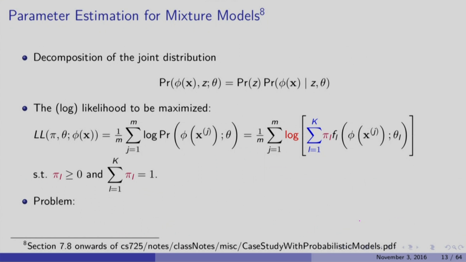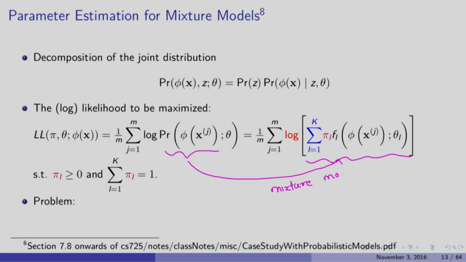So let us try and do this. We write down the log likelihood, which is supposed to be the sum over all the points of the probability of those points. Now we do not have the class label, but what we do here is express this probability of a data point using the mixture model, and this mixture model has a summation.